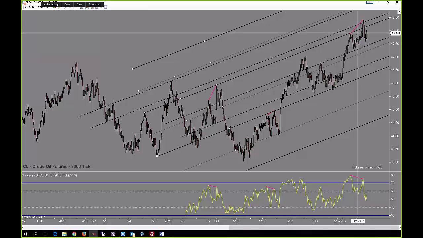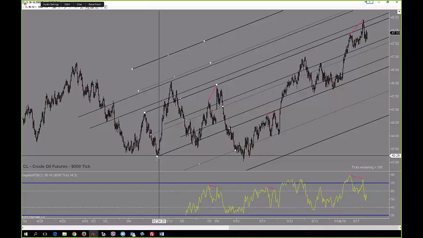But in this particular chart, I couldn't actually find a slope that I liked using swing low points. So what I did is I said, all right, I'll use this particular swing high here, this particular swing high here, and then I moved the bottom of the trend channel down to this swing low here to give me my market geometry or angle of the market.